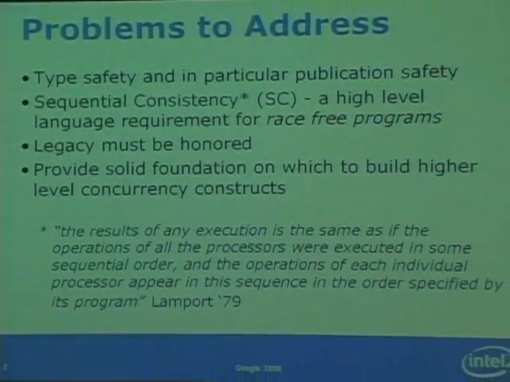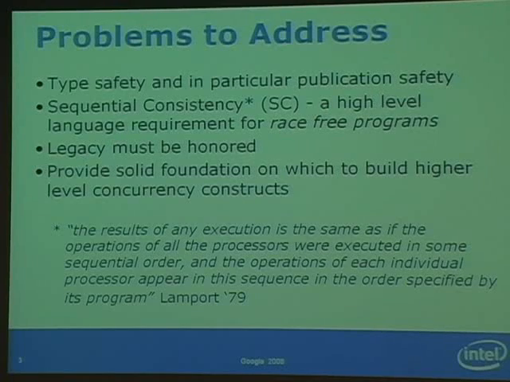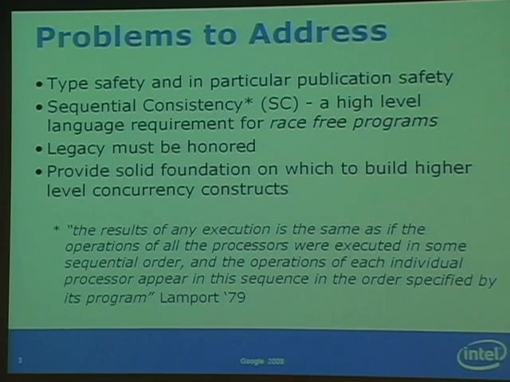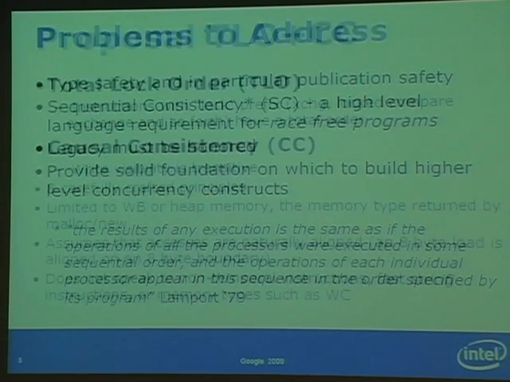And there was a lot of motivation in the Programming Systems Lab to provide a solid foundation on which to build higher level concurrency constructs. By higher level concurrency constructs, I mean things like obstruction-free algorithms, transactional memory, any number of other types of concurrency constructs that people are starting to develop as multi-core, or many-core, starts to happen.